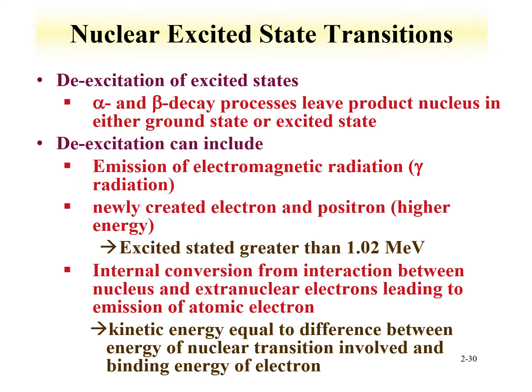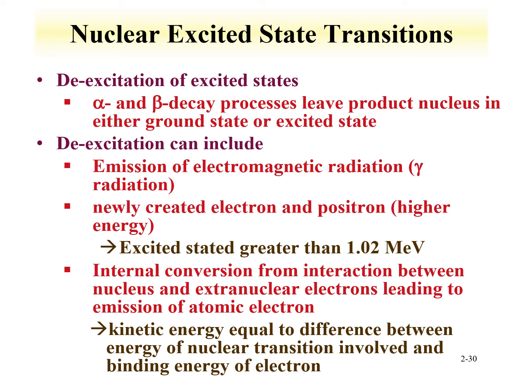If the de-excitation is from a very high energy state, generally well above 1 MeV, an electron-positron pair can be created, so pair production can also occur. There's also a route, and this is particularly dependent upon the spin and parity between the excited and the ground state, where internal conversion from the interactions between the nucleus and the atomic electrons can occur.